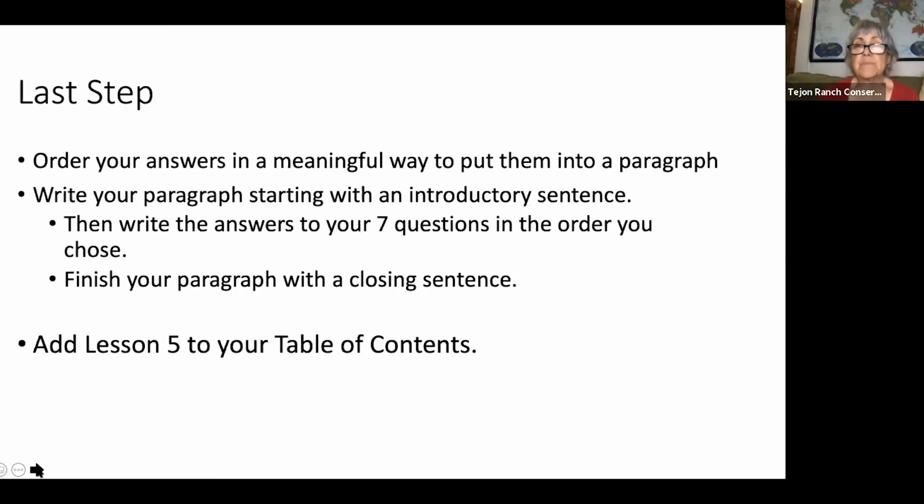Could be something as simple as, in this journal entry, I looked at my subject from 3 different perspectives. Then write those 7 answers in the order that you think works the best, and then use a closing sentence. Remember, at the beginning of the slide, I told you what that closing sentence might be. You're able to observe a lot when you look at things from 3 different perspectives. Once you're done with that paragraph, don't forget to add lesson 5 to your table of contents.